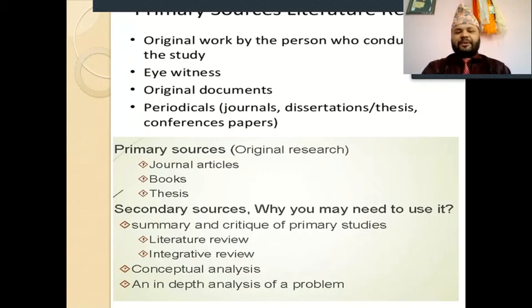And then people sometimes talk about the tertiary source of information or literature review. That means it is a way of, let's say, scanning the information regarding the primary source of information. Okay, it is to locate the primary sources or secondary sources.